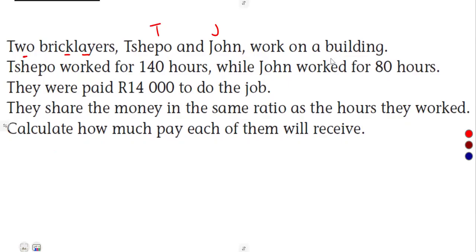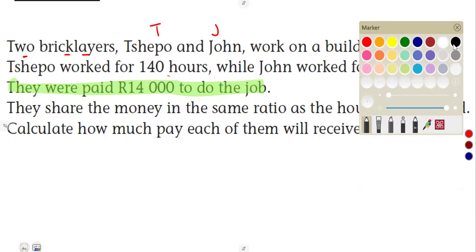Tsepo worked for 140 hours, while John worked for 80 hours. They were paid, this is the most important thing, 14,000 rand to do the job. This is what they were paid.